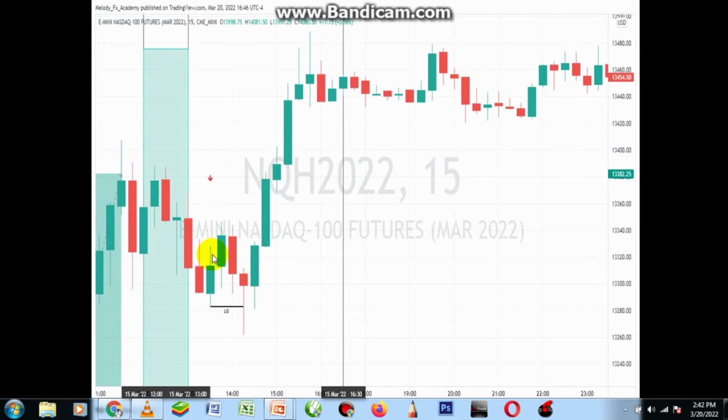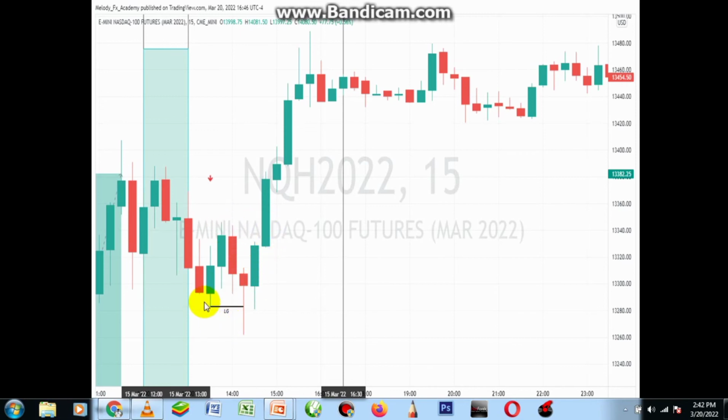Now what we are going to look for, we are still very much bullish. Remember, we are looking for one of two things. If we are currently bullish, if we are expecting higher prices, we should see some level of sell side liquidity being taken out, or we should see some displacement in the marketplace.